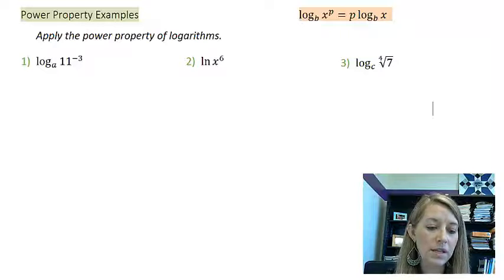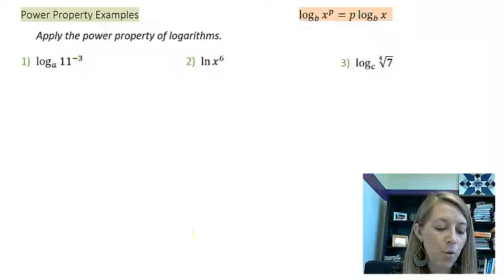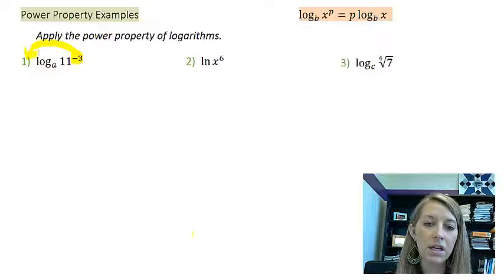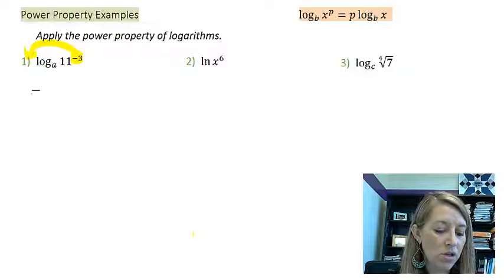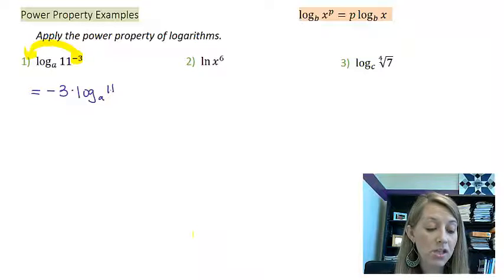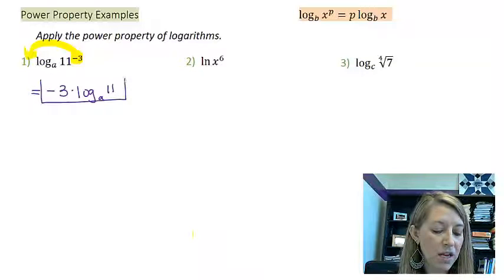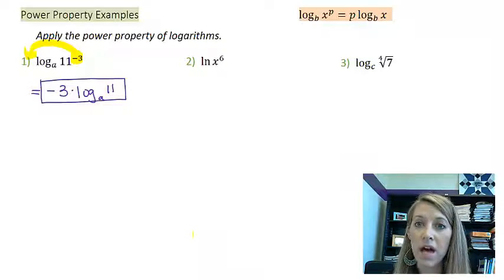Okay, so it's as easy as it looks. In example 1, all I need to do is take my power of -3 and move it out in front. And so that is equivalent to -3 times log base a of 11. And that's all I need to do. If I could simplify anything, I would, but I cannot, so that is what it is.